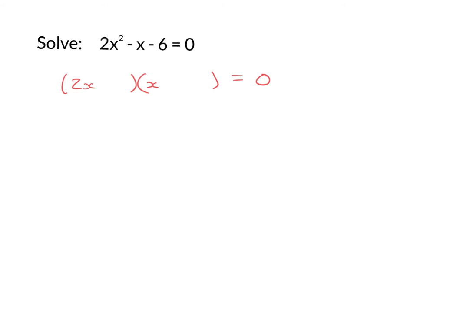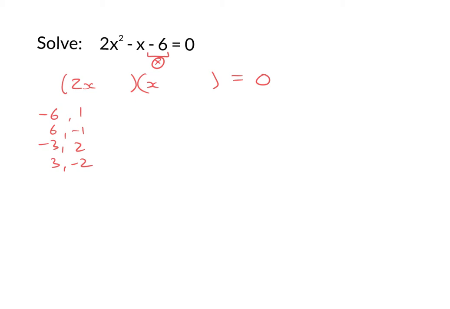That's easy. Then I've got negative 6 here, so I want numbers that multiply together to give me negative 6. There's quite a few. It could be negative 6 and 1. It could be 6 and negative 1. It could be negative 3 and 2, or it could be 3 and negative 2.